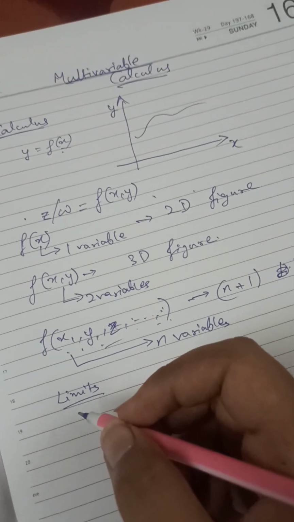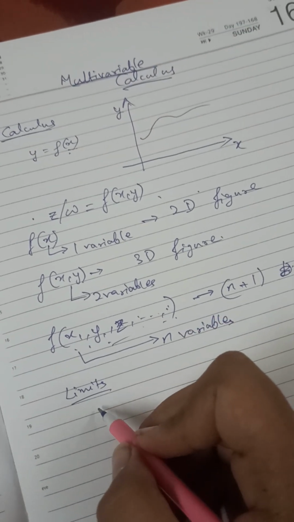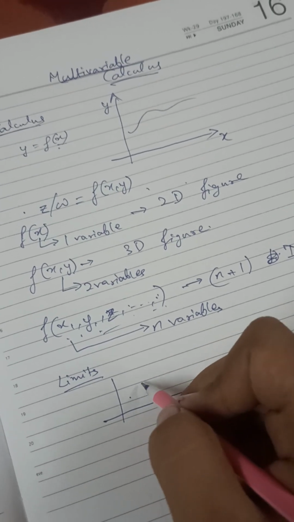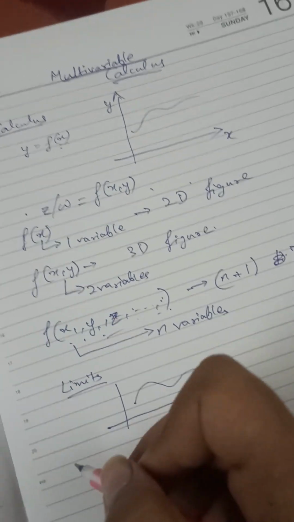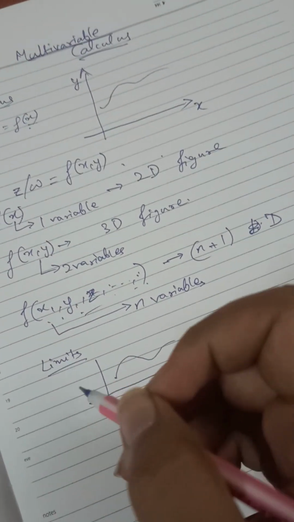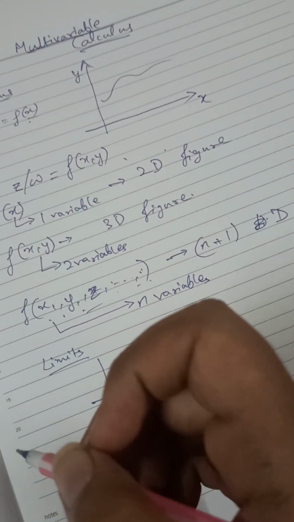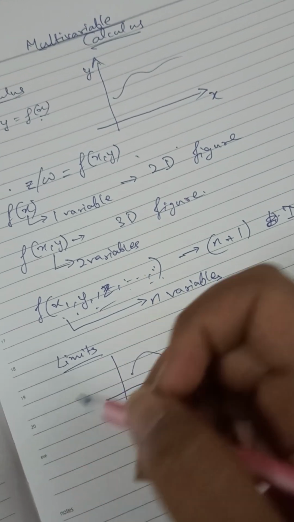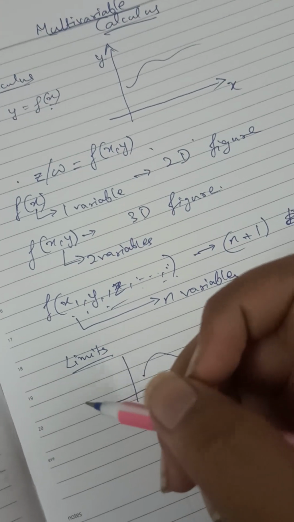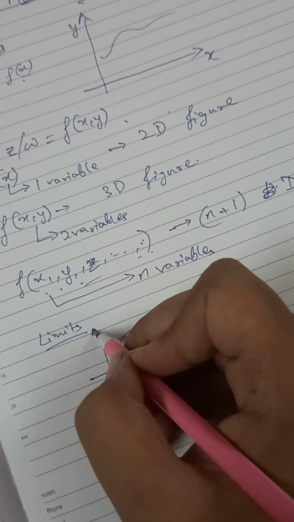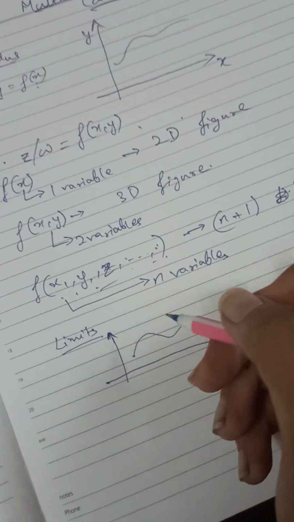In single variable calculus, let's say I have a curve, and using a limit, what we basically do is find what value of f(x), that is, the function, the codomain or the range, we get at the point to which the limit is tending.